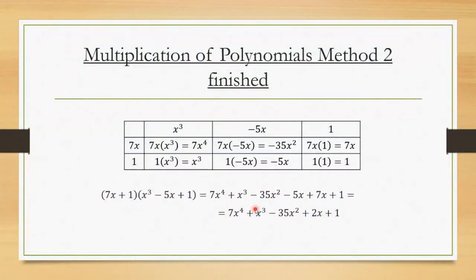So we have that. Notice also, not always, but sometimes we can get like terms on diagonals. For instance, here we have minus 5x and 7x. Those are like terms. These, however, are not, x cubed and negative 35x squared. But that's our first example with the grid method.